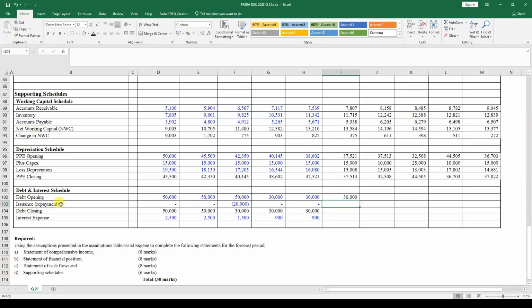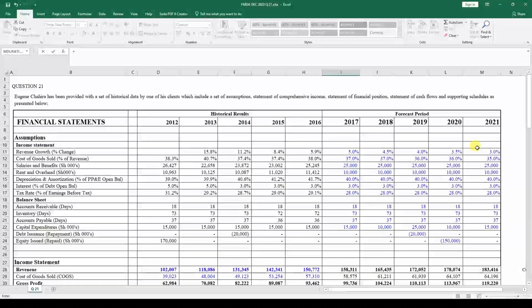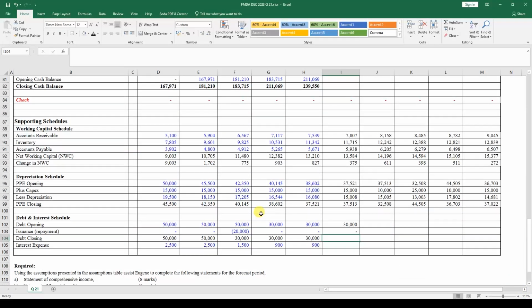And the issuance and repayment of debt can be gotten from the assumptions section, which is up over here. So debt issuance and repayment, we link it with that. Because it's a formula, we just drag it.